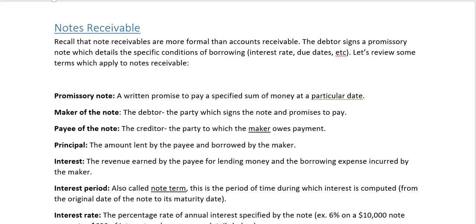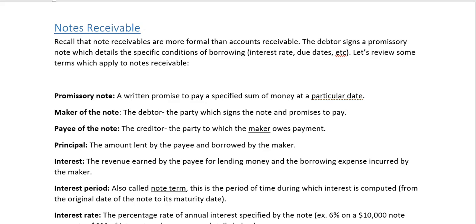The maker of the note is the debtor, the party which signs the note and promises to pay. The payee of the note is the creditor, the party to which the maker owes payment. Principal, the amount lent by the payee and borrowed by the maker.